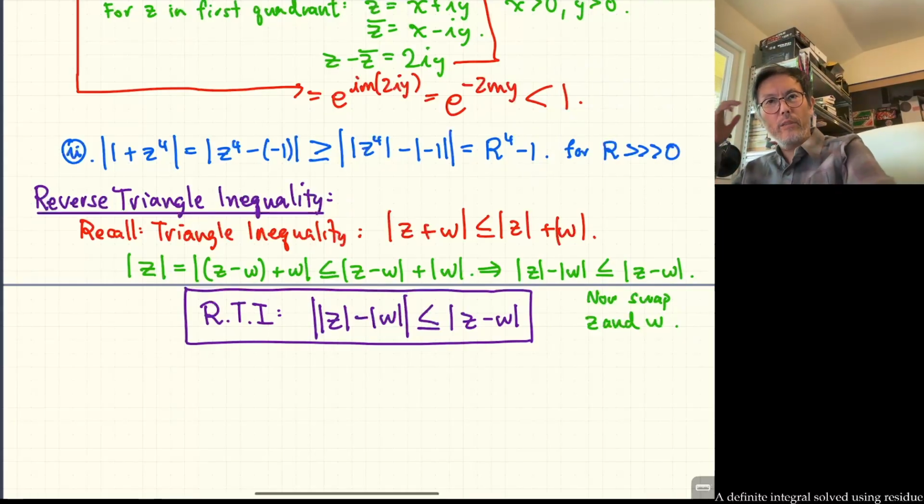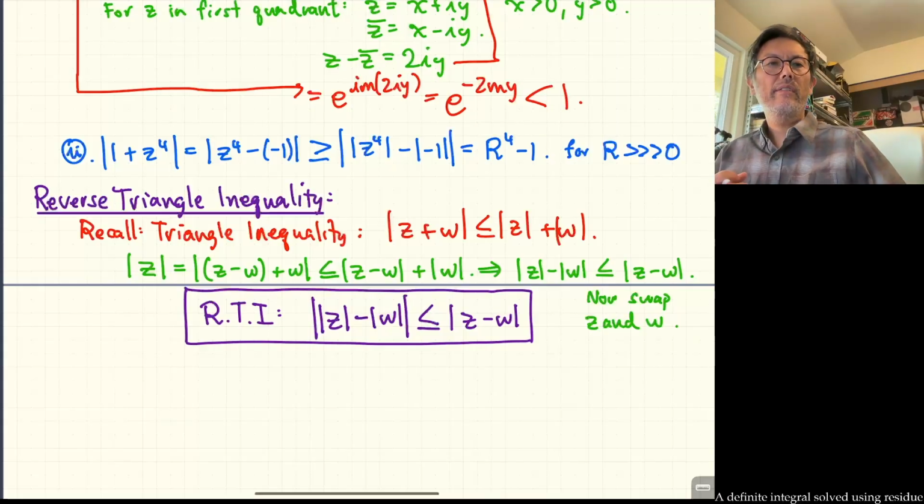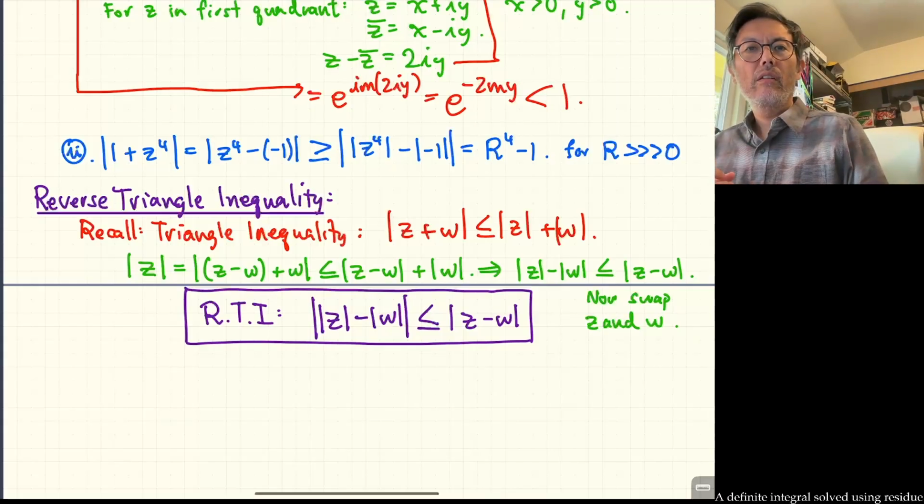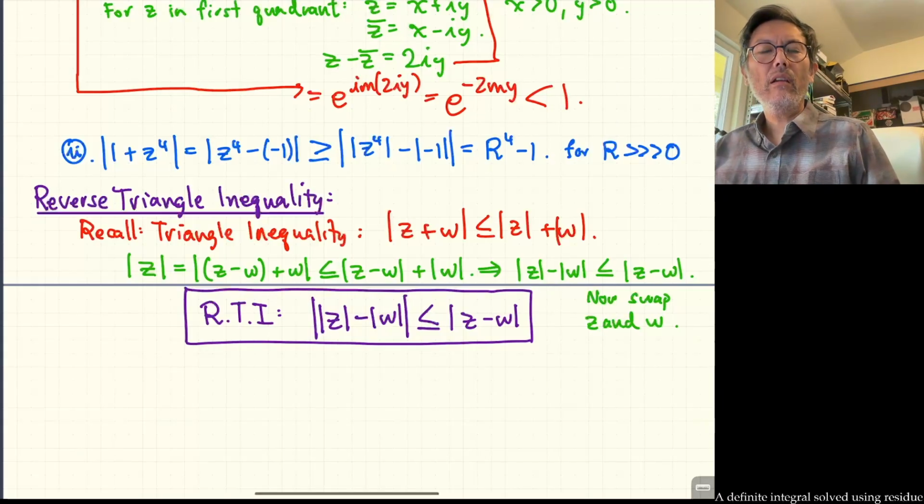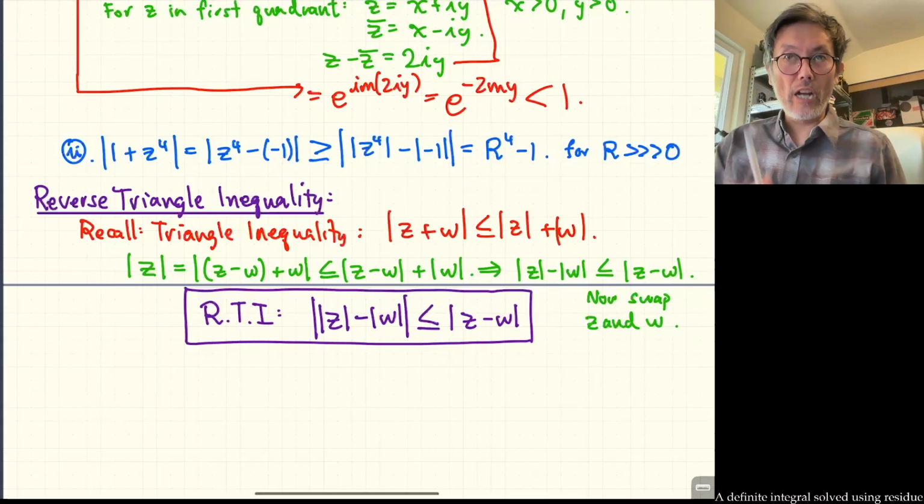And we're going to take r to be large here. So that gives me a lower bound on the denominator.